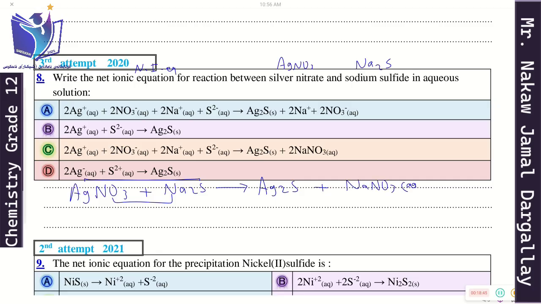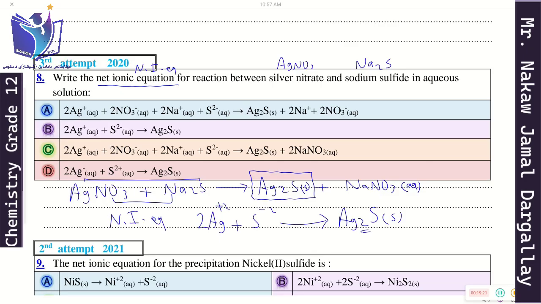NaNO3 is soluble in water, while Ag2S is not soluble in water. To find the net ionic equation, we can find it from the insoluble product directly. The insoluble product is Ag2S. Its ions are Ag positive, 2Ag, careful, and S negative 2. So this equation is the net ionic equation. The correct answer is B.